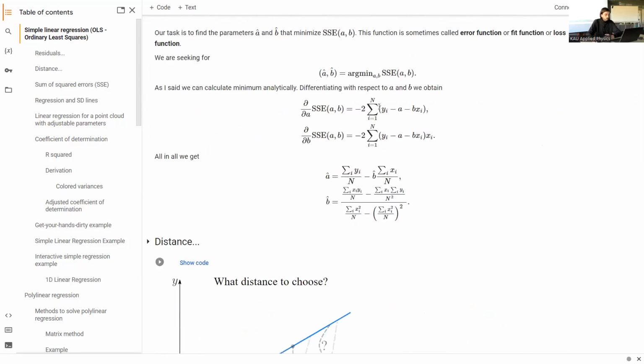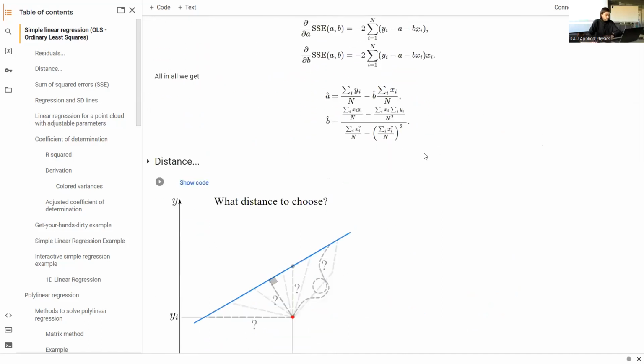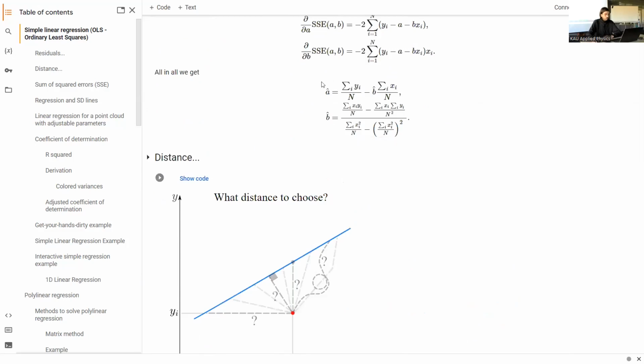So to get them, I am minimizing this expression, doing partial derivatives, equating them to 0, and so forth, and I get these quite ugly looking expressions. But anyway, they work, so you can get these expressions.